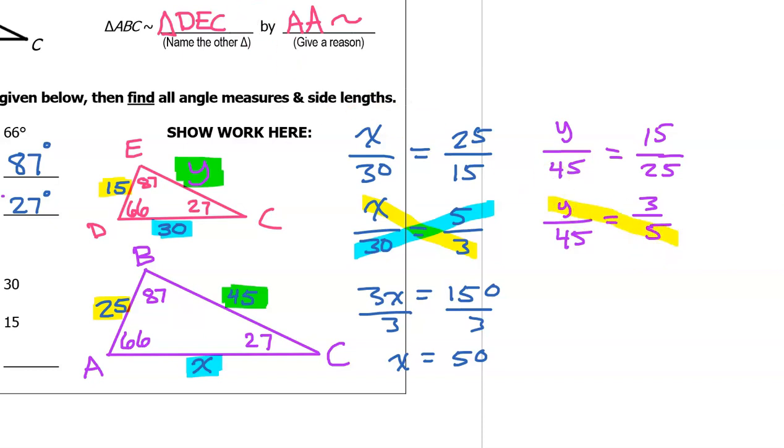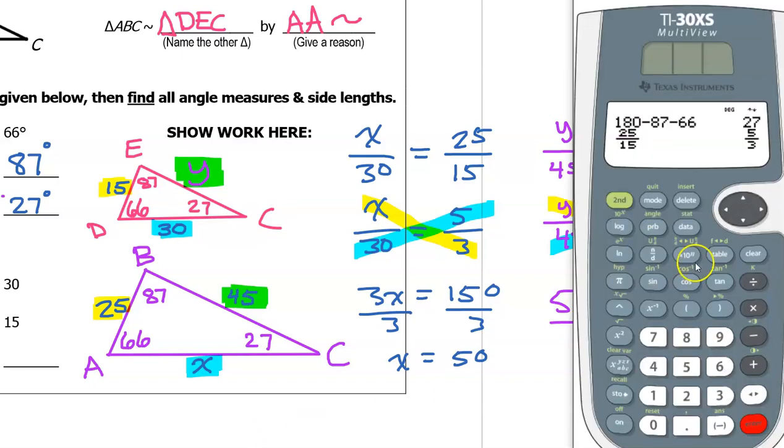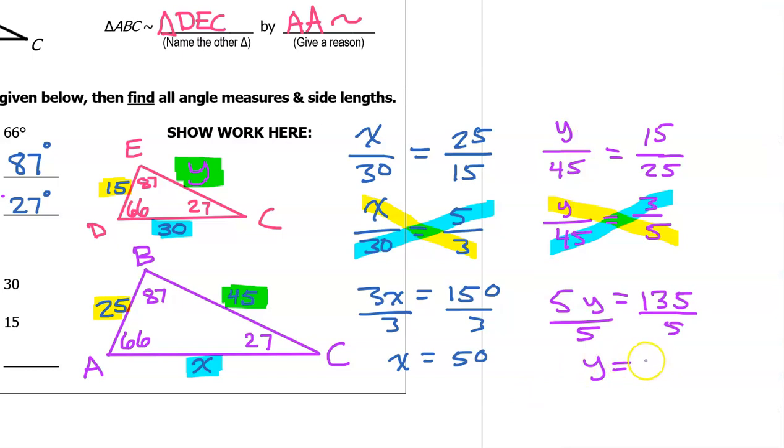If I do this diagonal and this diagonal, that's going to give me 5y is equal to 135, and then if we divide both sides by 5, that's 27. So y is equal to 27.